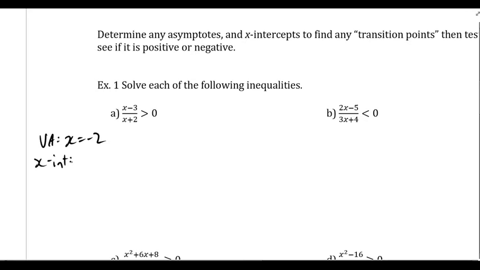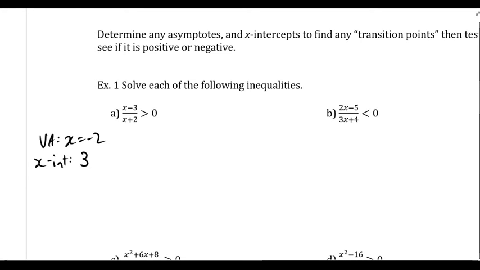Doesn't matter what's on the bottom. So an x-intercept in this case occurs at +3. Does that make sense? If I put 3 in there, I get 0/5, so that's 0. So the whole function is 0, that's what an x-intercept is.